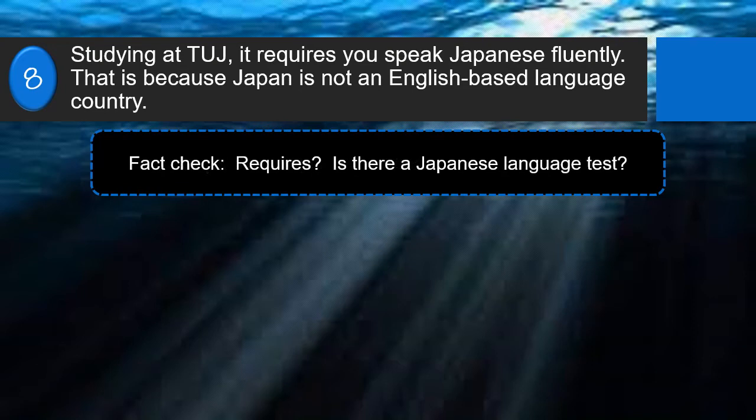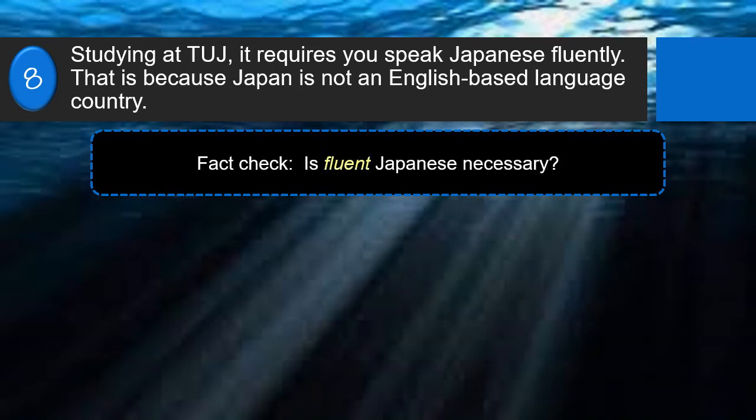Now, fact check. Requires, must, requirement. Is there a Japanese language test? Do you have to prove that you can speak Japanese before you come to TUJ? No, there isn't. Also, fluent, like almost native speaker? I don't think that's necessary either.